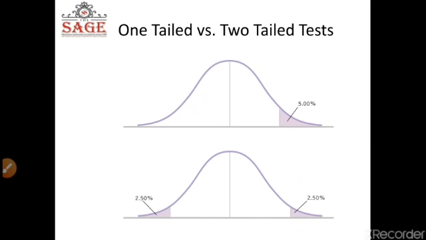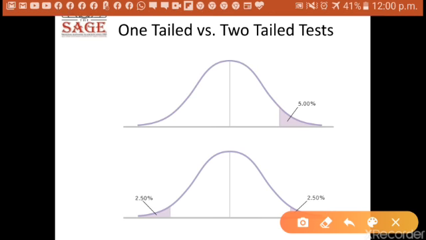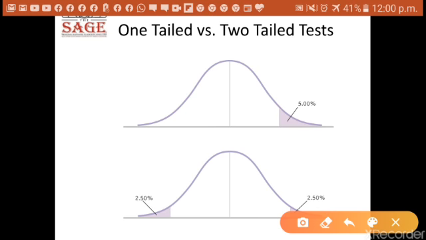Now the other thing you need to understand in parametric testing is the normal probability curve. In a normal probability curve, when we want to be 95% sure of our analysis, 5% is left out. There is a two tail test and a one tail test. In a one tail test, the entire 5% comes on the right side.